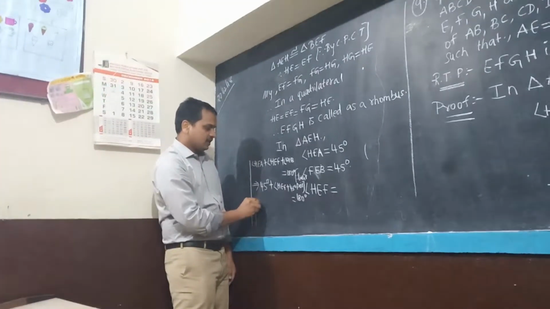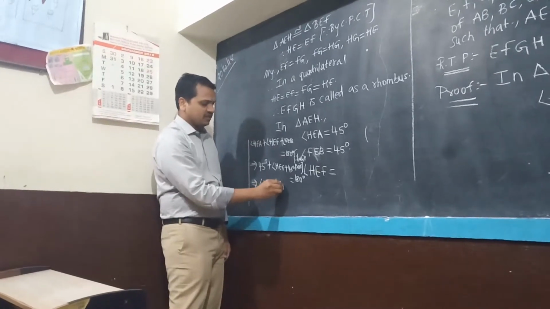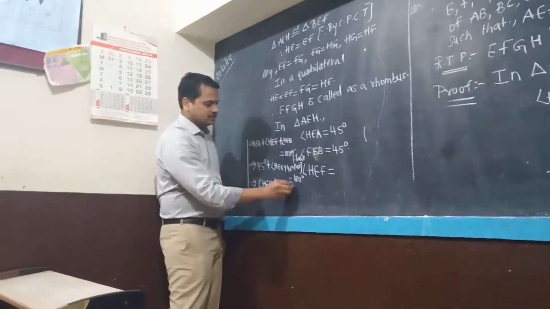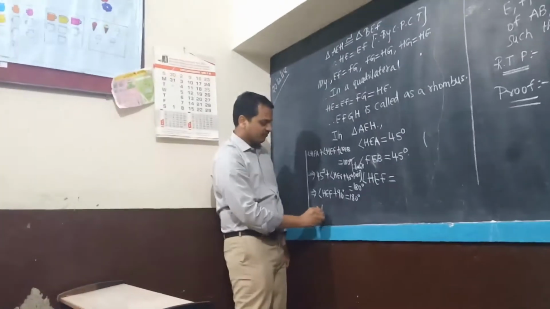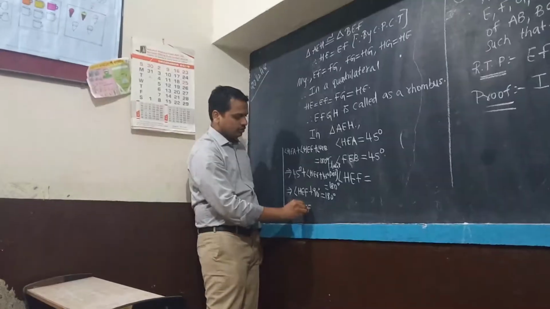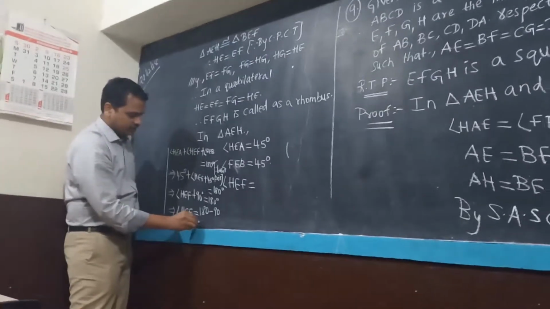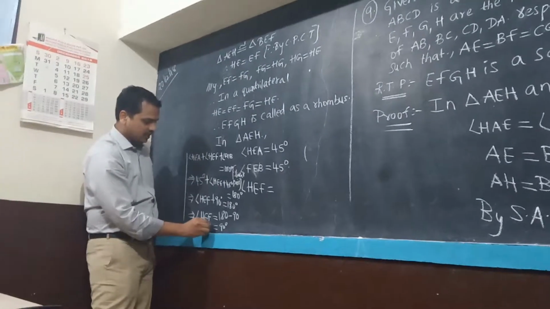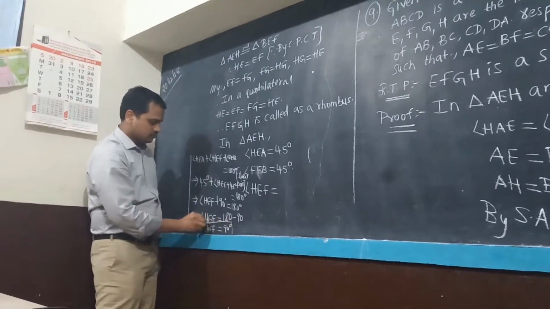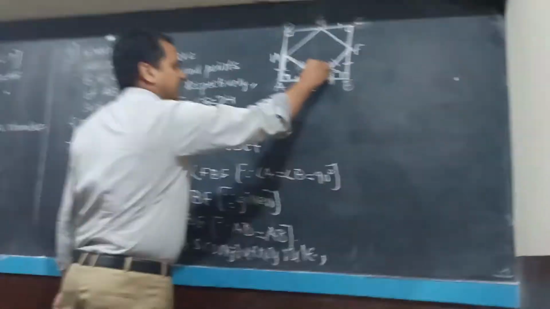Now angle HEF plus 45 plus 45, that is 90 degrees, is equal to 180 degrees. So angle HEF is 180 minus 90, which is 90 degrees. So we have proved this angle as 90 degrees.